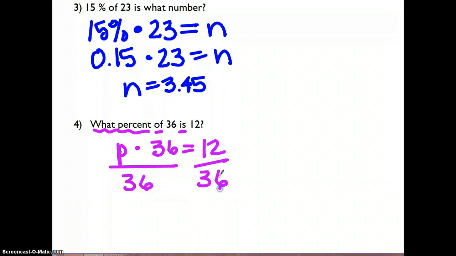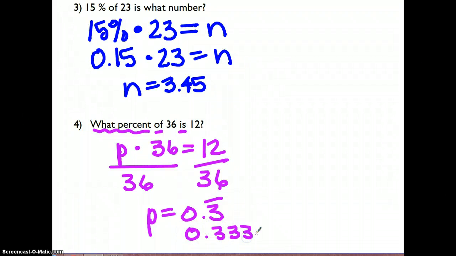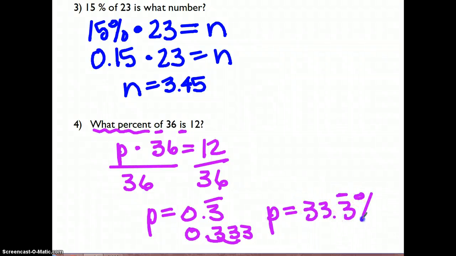And when I do that, I get P is equal to 0.3 repeating. Okay? And remember, when 0.3 is repeating, you have to go to at least 3 decimal places so that you can change it into a percent accurately. So I swoop 2 to the right, and I get P is equal to 33.3 with a repeating bar percent. So that is number 4.